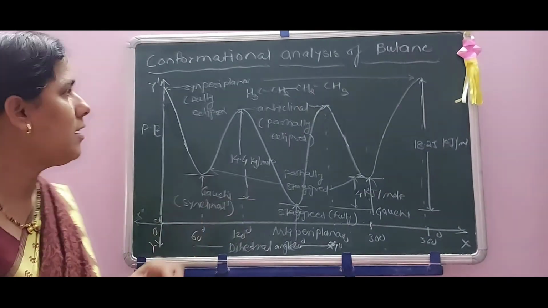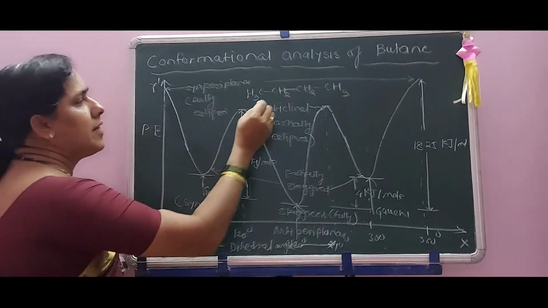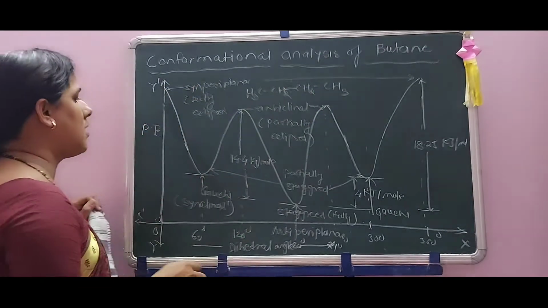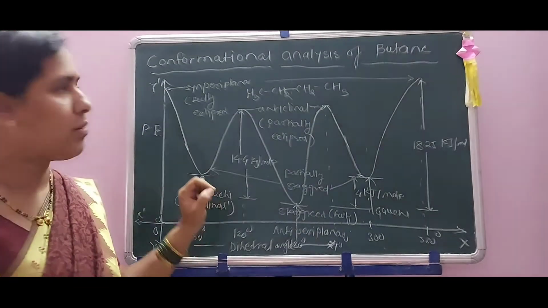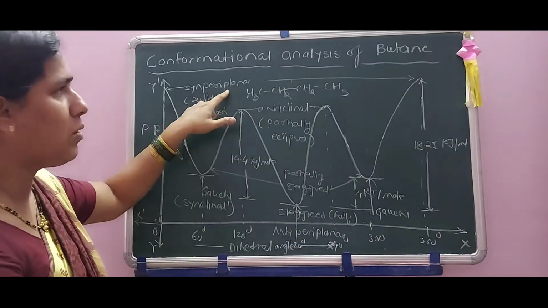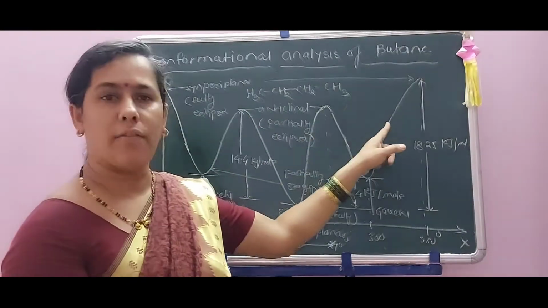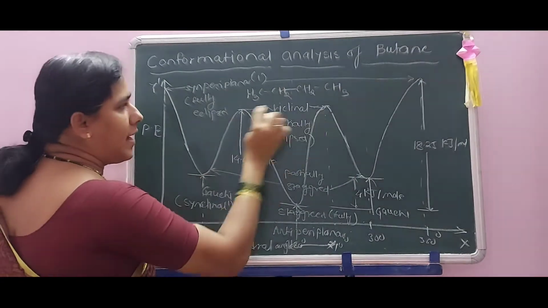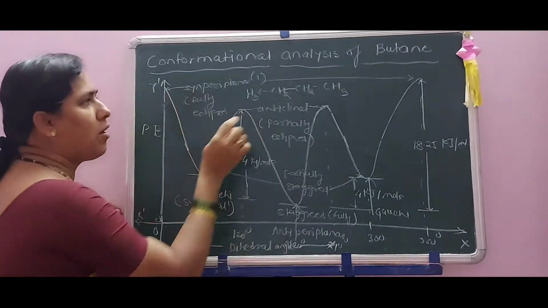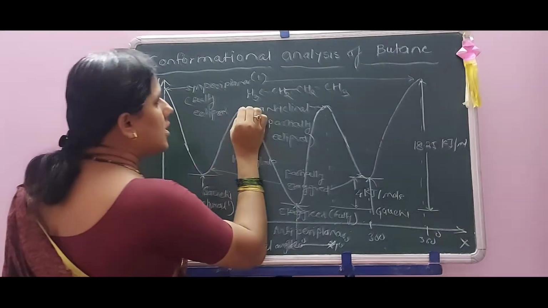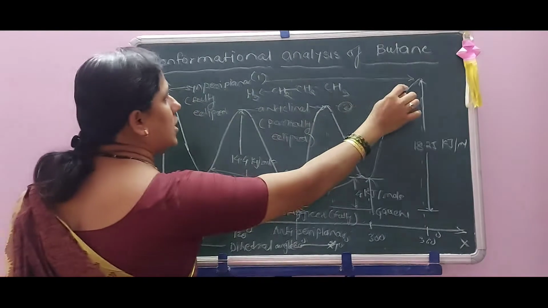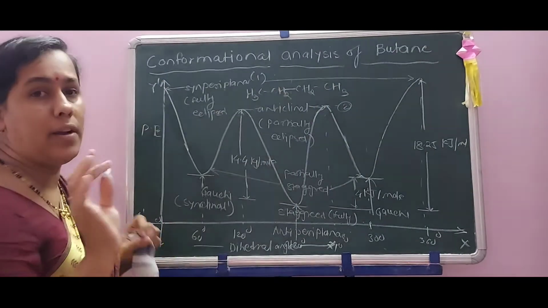Now in this way, similar to ethane, in ethane only two conformations are possible, but in butane there is free rotation of carbon-carbon around its central axis. Therefore how many conformers can we have? Syn-periplanar one, this half and this half make one, and two anticlinal. Total how many peaks are here? These two peaks are of similar height, and this one is of a different height.